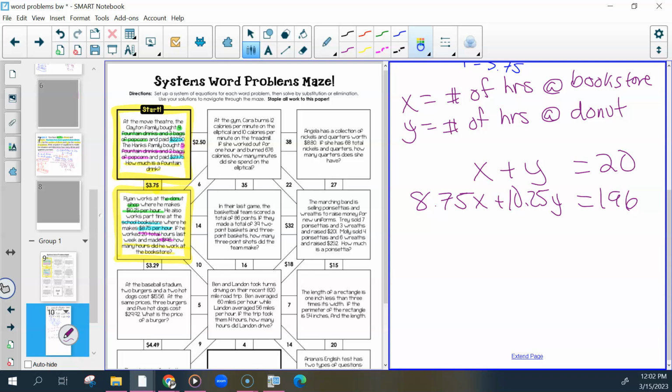You need to make sure that they go with everything. So the number for the donut needs to go with whatever we put for donut, the y.